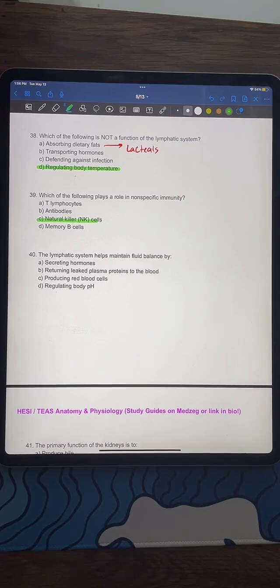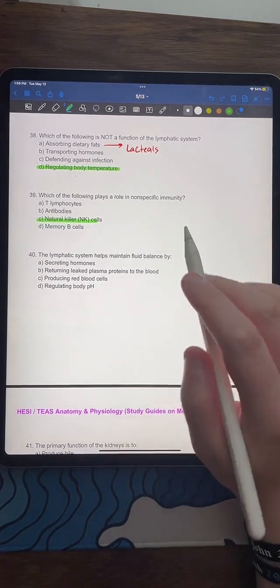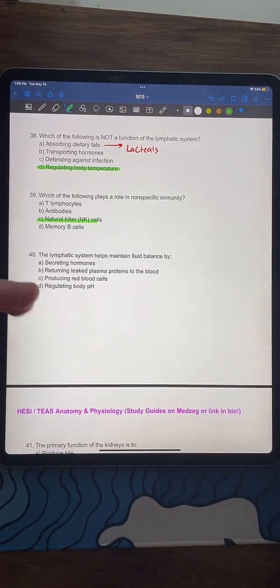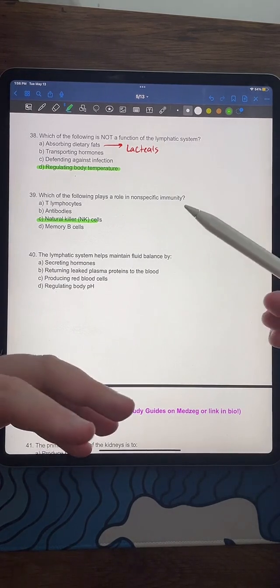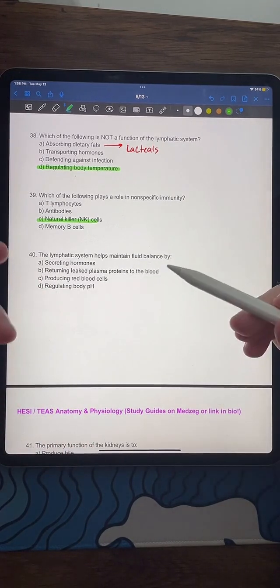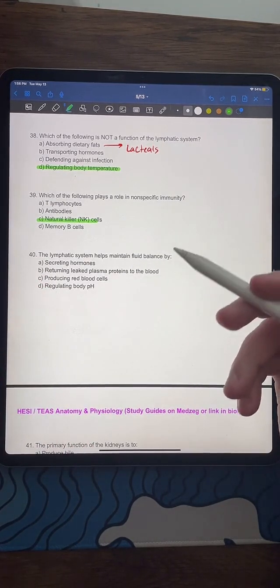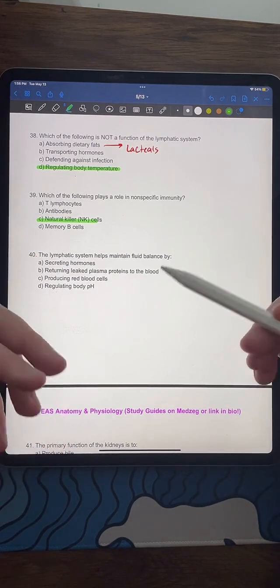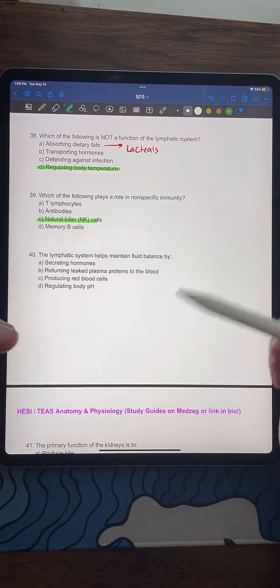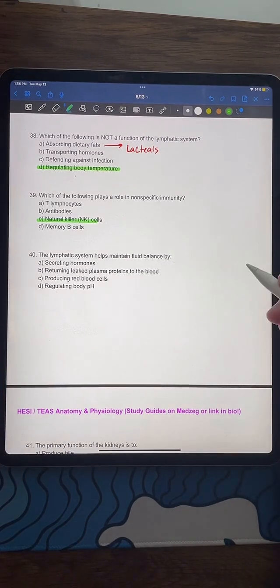Natural killer cells are part of the innate, or non-specific, immunity. They kill virus-infected cells and cancerous cells without needing a prior exposure. T lymphocytes are part of the adaptive immunity, meaning they are specific. Antibodies are produced by B cells, which are part of adaptive immunity. Memory B cells provide long-term immunity, which is specific.